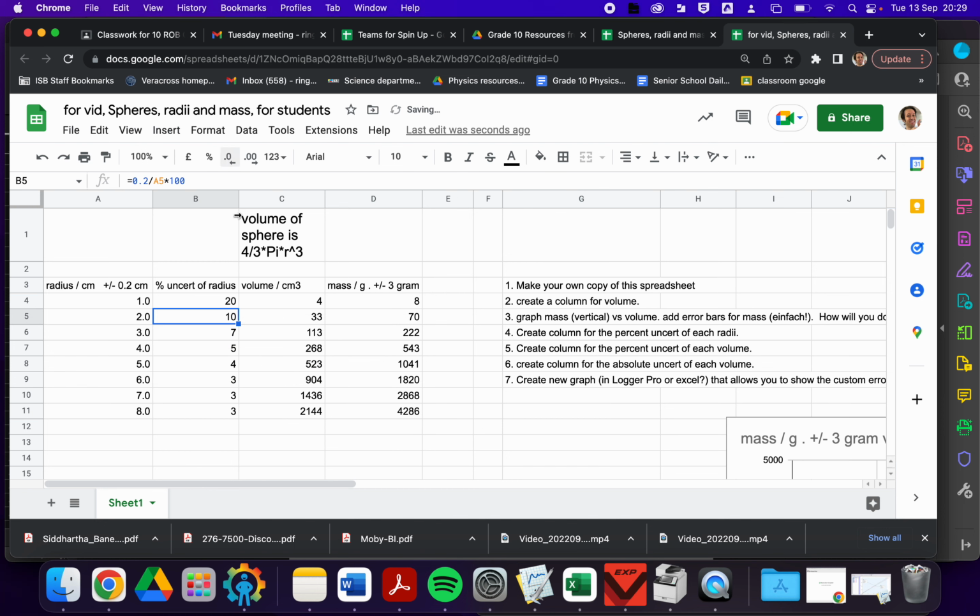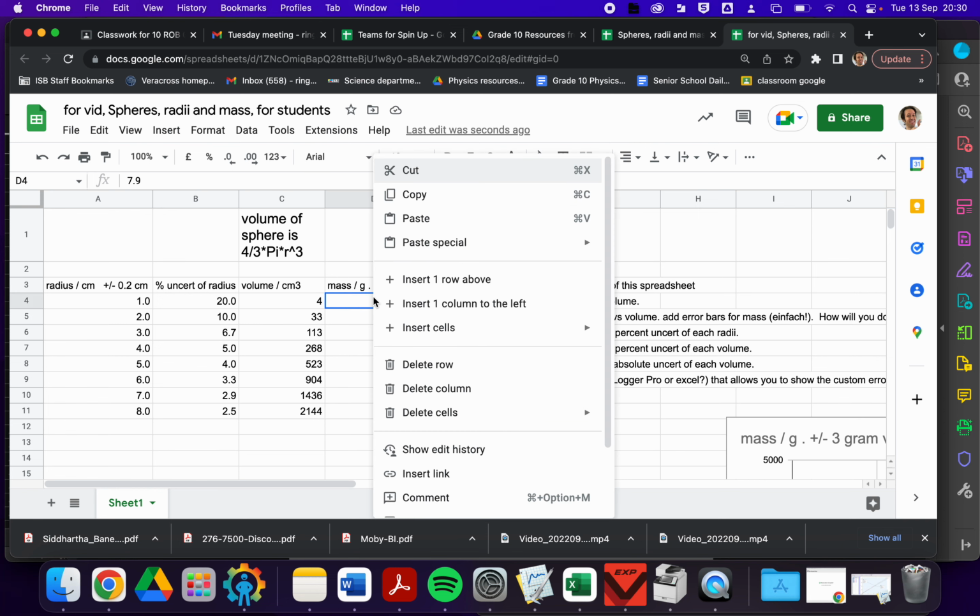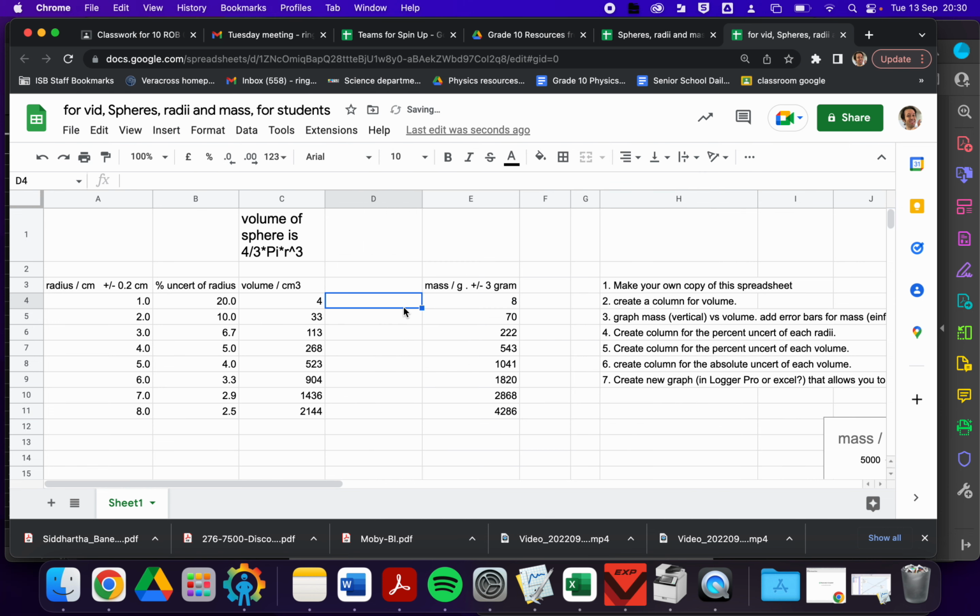It's not showing the decimal places, so I'm going to show a few more decimal places. That looks pretty good. Since the uncertainty of the radius is being cubed, I'm going to need to deal with that in volume. So I'm going to insert another column to the left here, and I'm going to say here's the new percent uncert of volume.